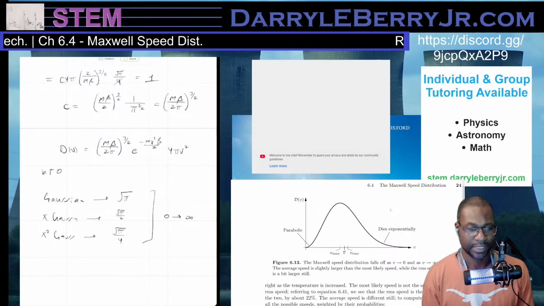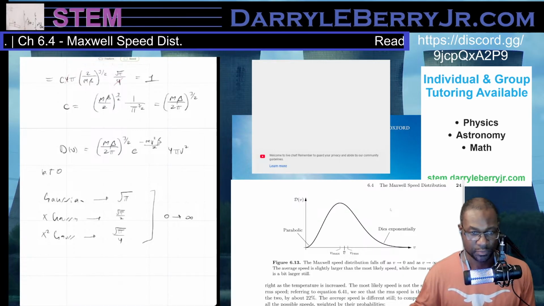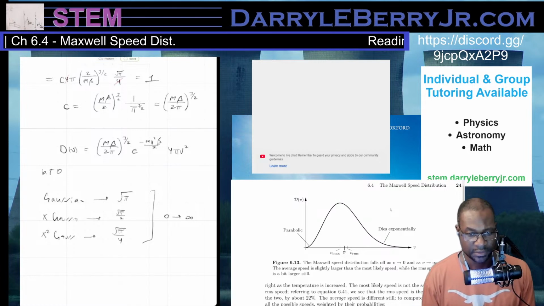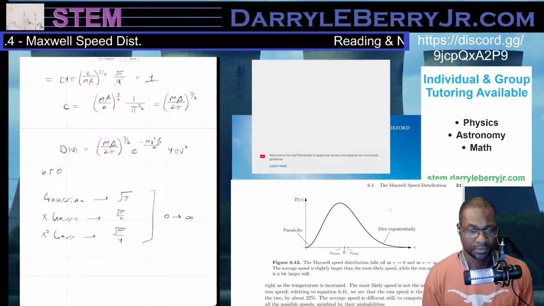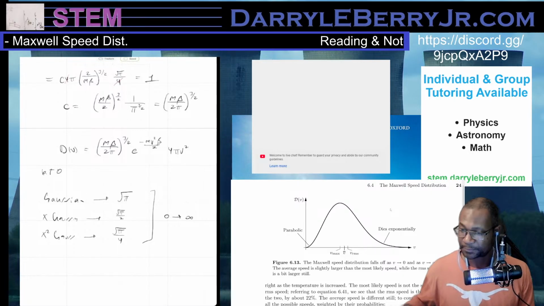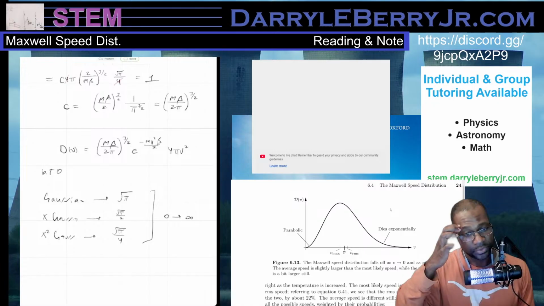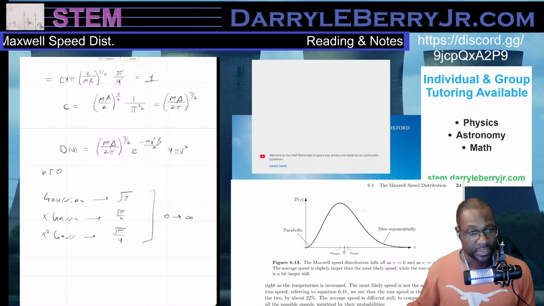And the distribution looks like this. It's sort of a Gaussian on the left side, which is like parabolic, and exponential on the right. So it seems pretty interesting that the Maxwell speed distribution matches the output of the energy of a positronium capture. So I'm pretty sure there's something to that correlation.